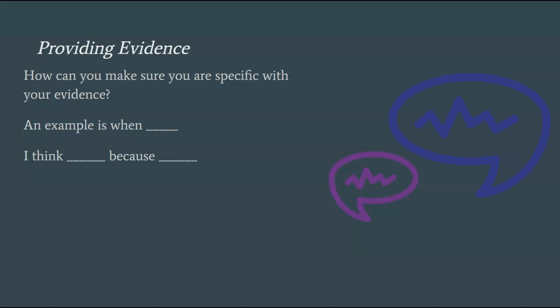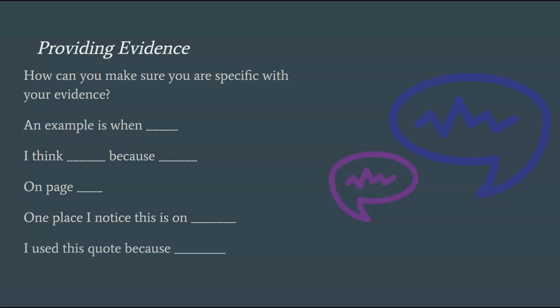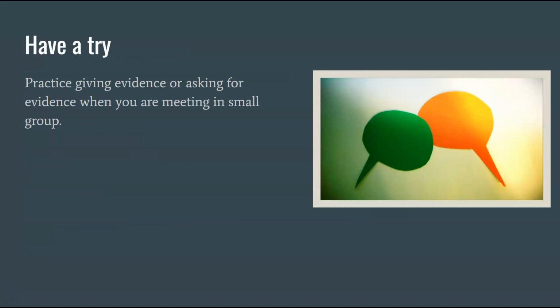Anytime we can support our thoughts with the word because and talk about the text in our thinking, that's providing evidence. Specific page numbers. If you can find a specific page while you're reading, find a page that discusses what you're thinking about and use that to provide evidence when you come back to talk. One place I noticed this is, I used this quote because, again, quoting from the text is fantastic.